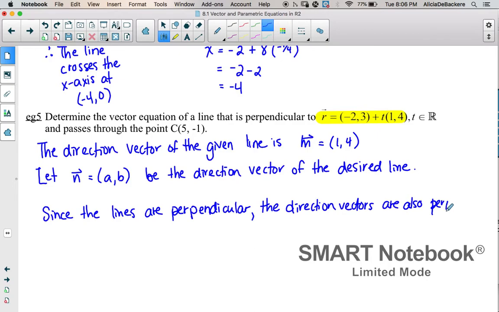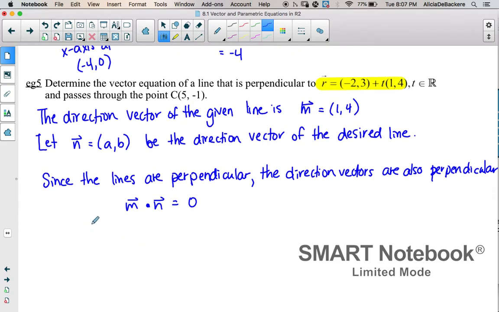So that tells me that the m vector dotted with the n vector, remember this from chapter 7, if I take the dot product of two vectors that are perpendicular, I will always get 0.